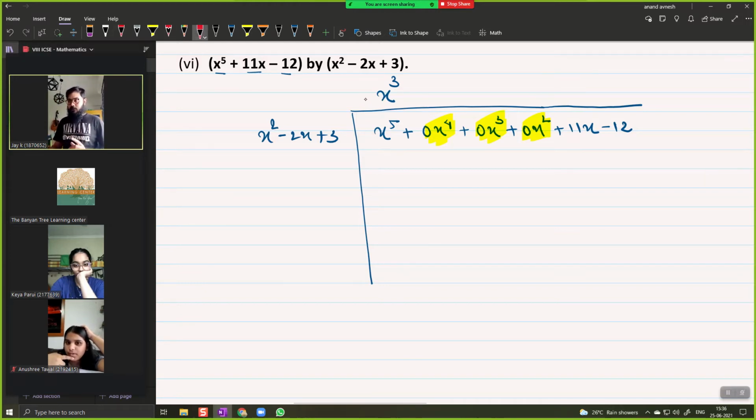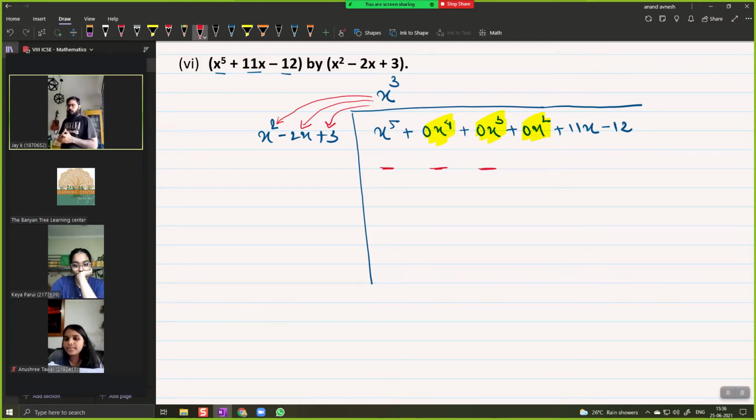I always say it like this: we multiply x cube with first x square, then 2x, and then with 3. You understand? We multiply x cube with all the three terms, and then we write the product over here.